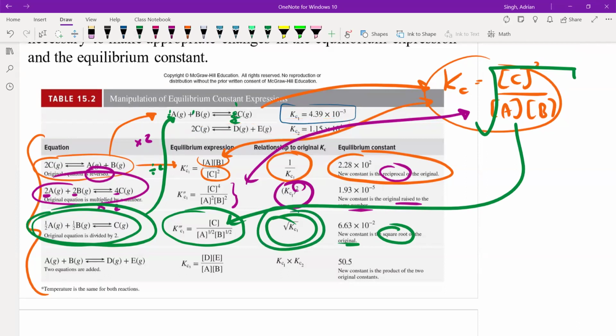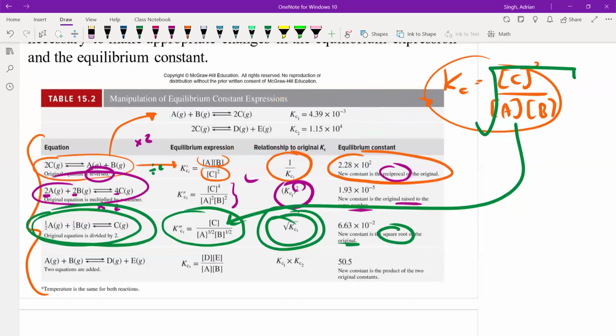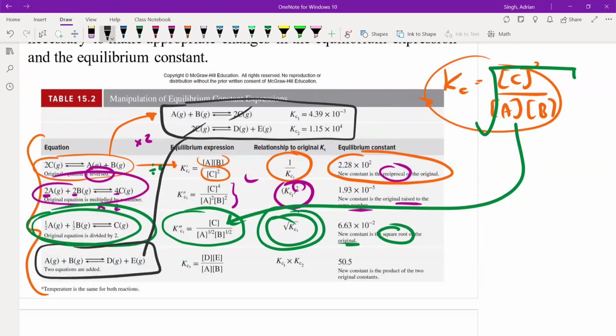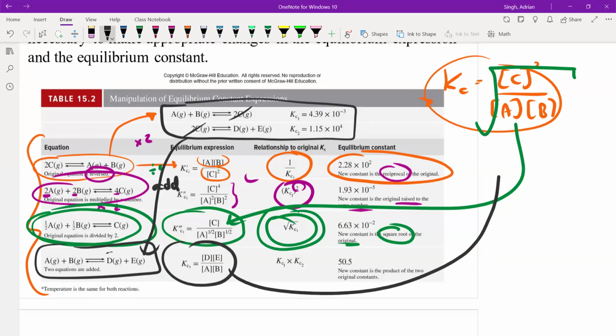And the last possibility here is if I were to add two equations together. So if I were to add equation one, the first one, and the second one, just according to normal adding equations together, these two are going to cancel out. So I end up with A plus B producing D and E. Okay, so we add those two equations together. Then when I write the Kc expression for this, I have my D times E divided by A times B. How is this now related to that original equation?